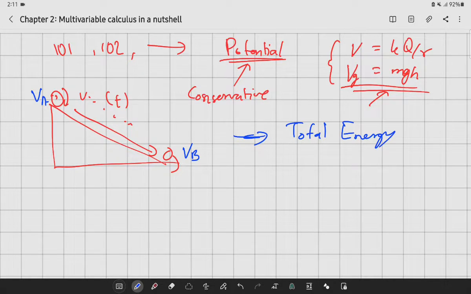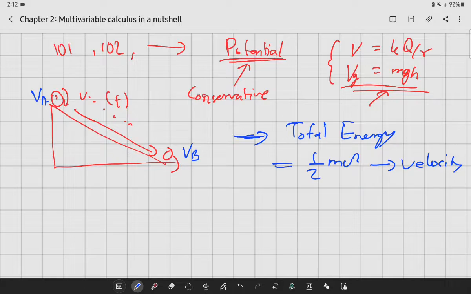And from the total energy, I can relate kinetic energy and find the velocity. So dealing with potentials is really something fundamental in physics. Most fields in physics are conservative, but there are fields that are not conservative and they're nasty, really nasty.